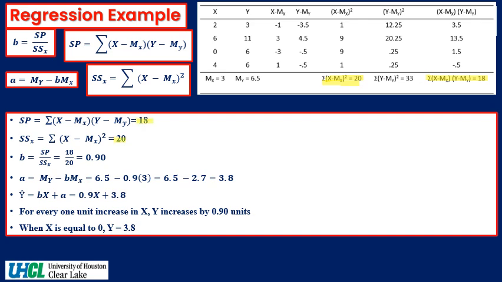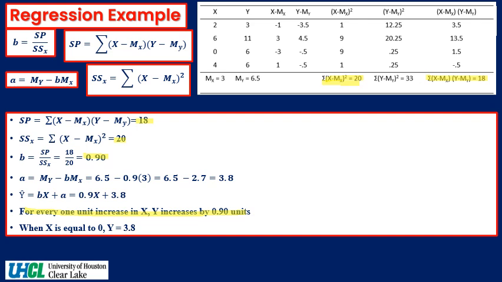From there, I plug it into my slope equation. I put 18 over 20, I divide, and I get a slope of 0.90. That slope tells me that for every 1 unit increase in x, y increases by 0.9 units. Almost 1, but not exactly.